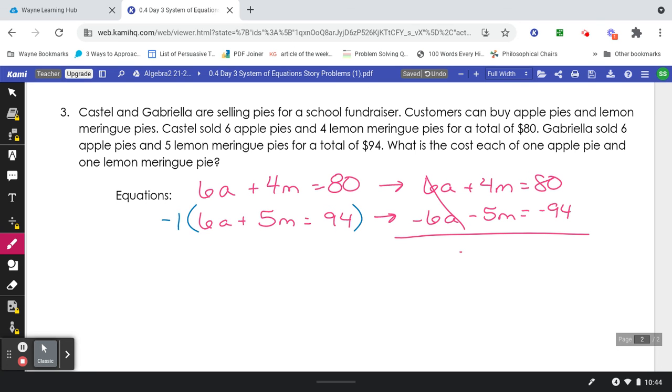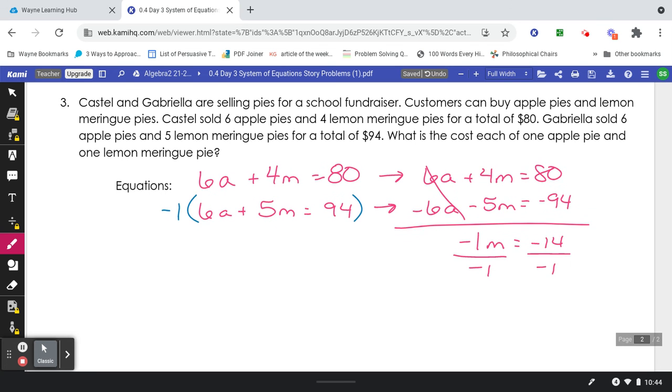Cancel out. -1m equals -14. Divide by -1. And we'll get our lemon meringue pies at 14. And we are looking for the cost, so that's actually going to be $14.